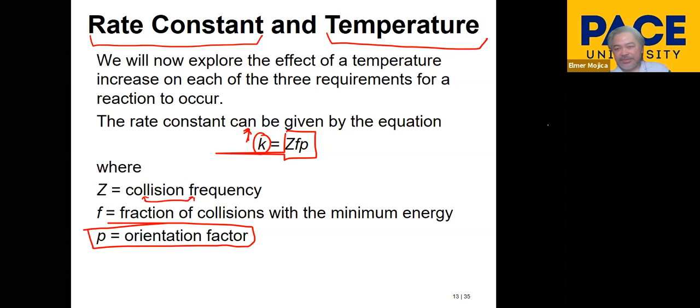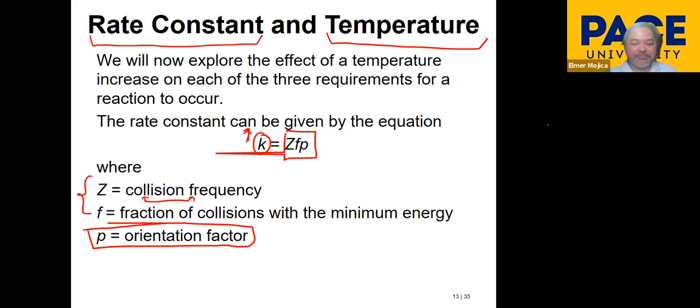But the movement of the molecule, which makes it faster, most likely will give you the proper orientation when they collide with one another. So among the three, this one has a direct effect. This one is a little bit indirect, but it's still effective.